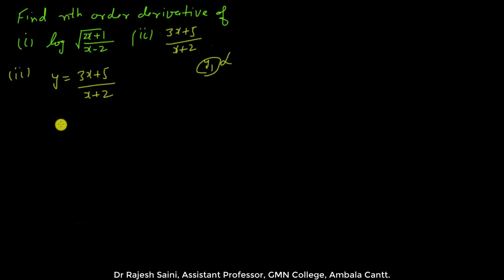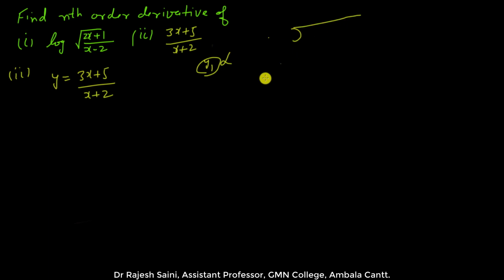I am very clear before starting the question that I am going to land nowhere, and this question will be just jeopardized. So I have to just save this question from getting stuck in between. So what we'll do, here we see, here degree is 1, here degree is 1 also. So can I carry out the division, long division?